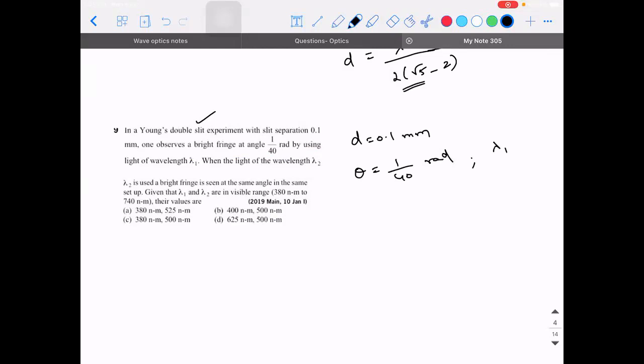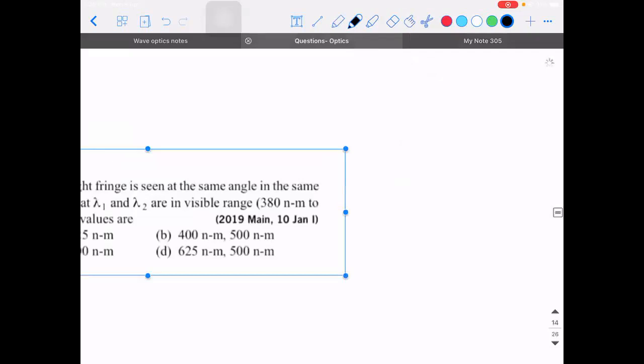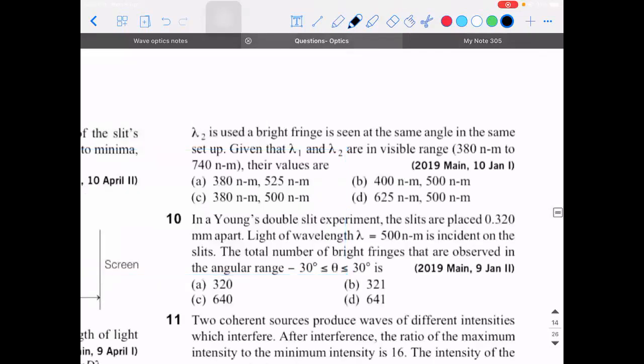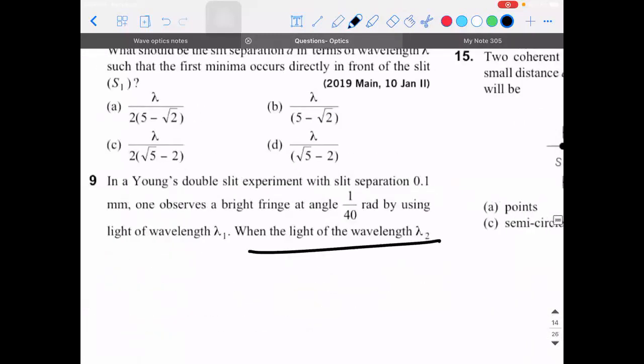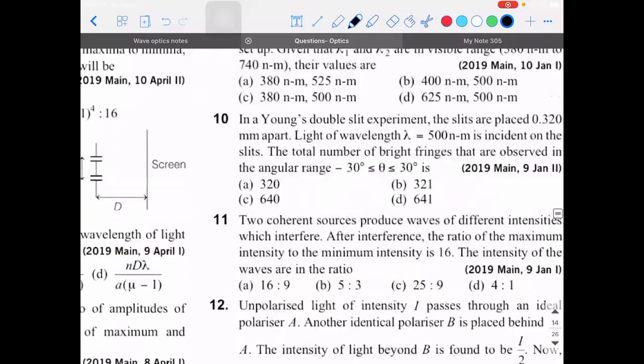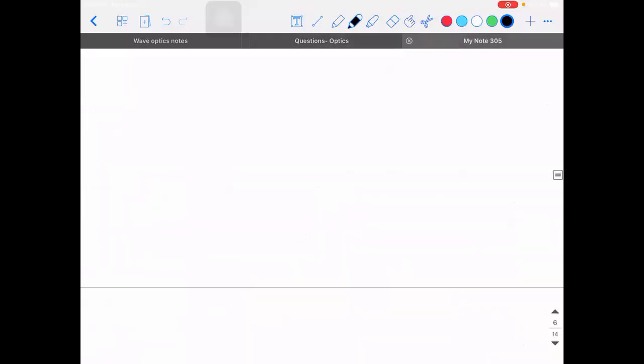When the light of wavelength lambda 2 is used, a bright fringe is seen on the screen at the same angle. Did I miss any part of the question?